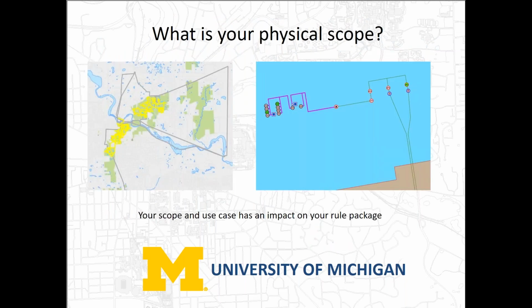So physical scope is very important, because everything in the utility network is based on a rule package, and the size of your rule package is dependent upon scope. Do you need to have your sources come in from your local utilities, if you're getting any from them, to your campus?